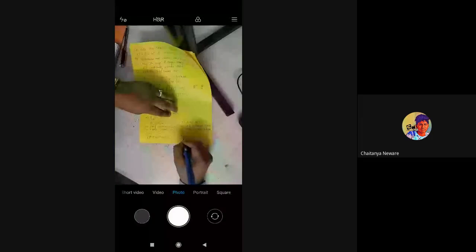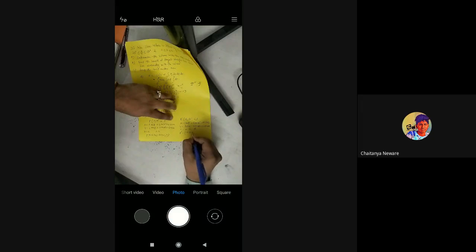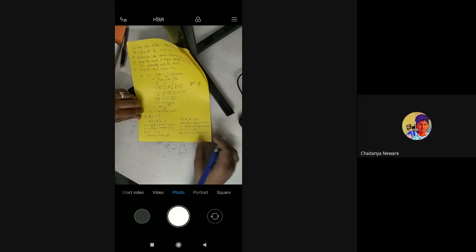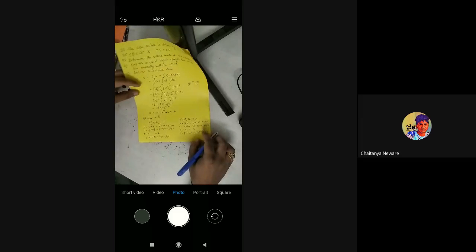Therefore P dash is minus 5.7144, minus 1.8268 and 5. This is the coordinate of P dash.